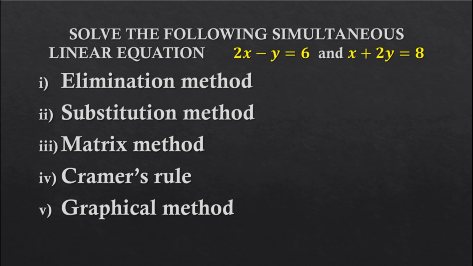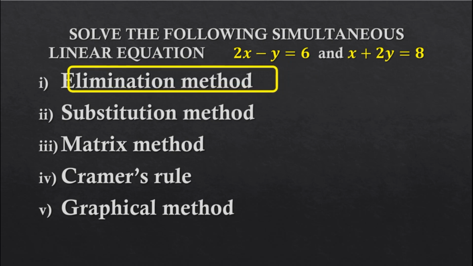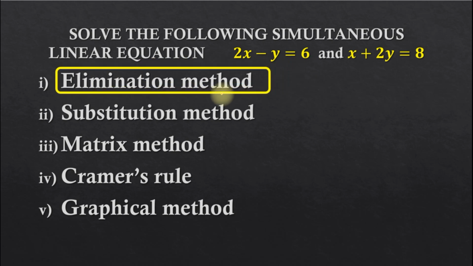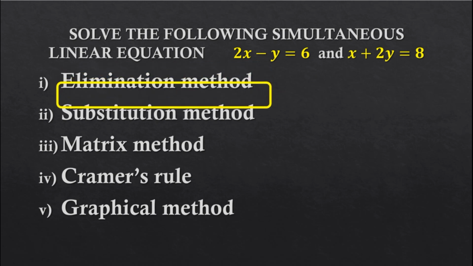We have the simultaneous equations 2x minus y is equal to 6 and x plus 2y is equal to 8, and we use the following methods. The first method is the elimination method. Then we are also going to look at the substitution method.